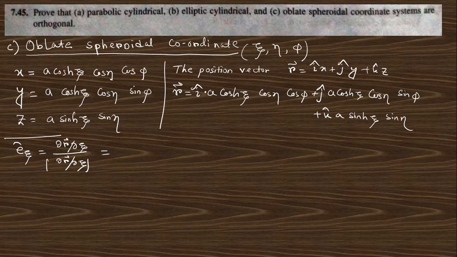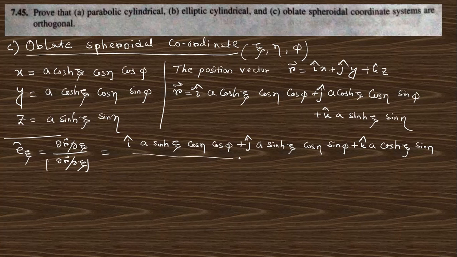So if you differentiate with respect to xi, this gives you i cap a sinh xi cos eta cos phi, since the derivative of cosh is sinh, plus j cap a sinh xi cos eta sin phi, and the derivative of sinh is also cosh, so a cosh xi sin eta, divided by root under the modulus of this.